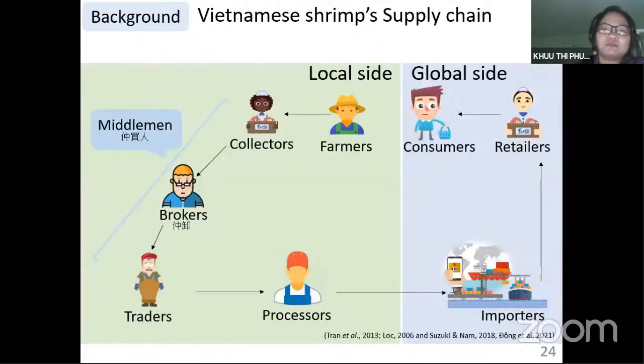But our supply chain is very complicated, because of the participation of middlemen, like collectors, like brokers, like traders, and we cannot sell the product directly from farmers to processors.